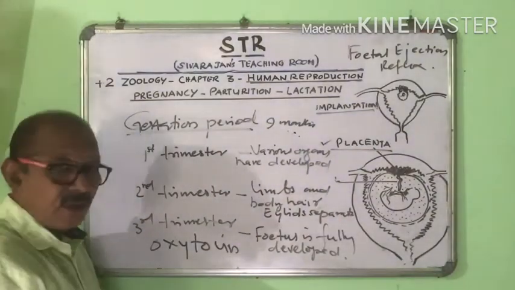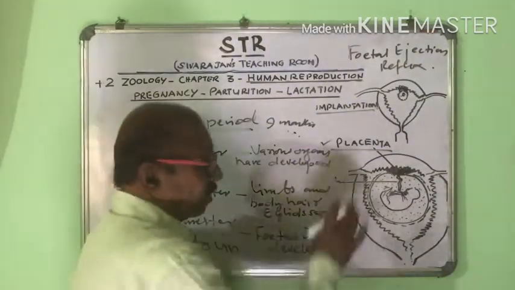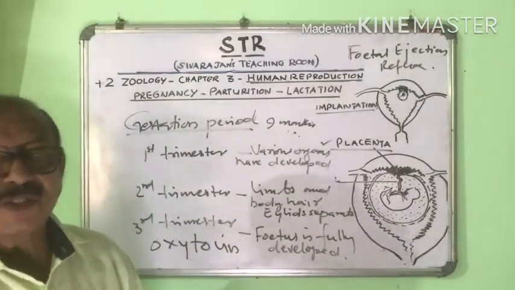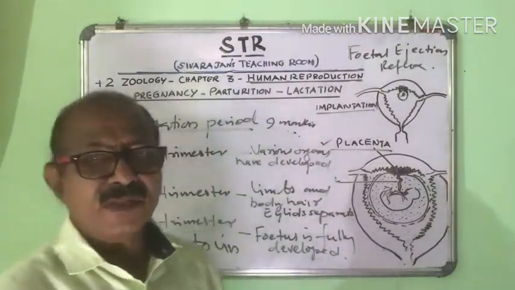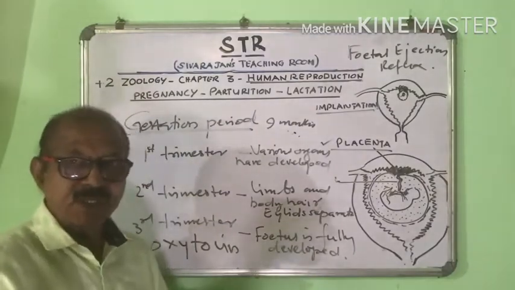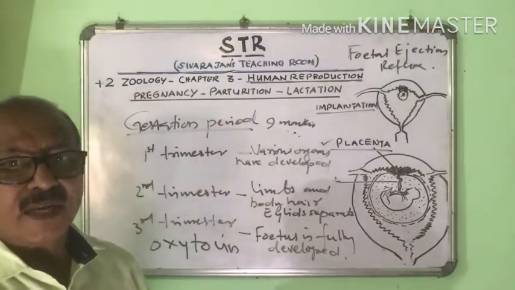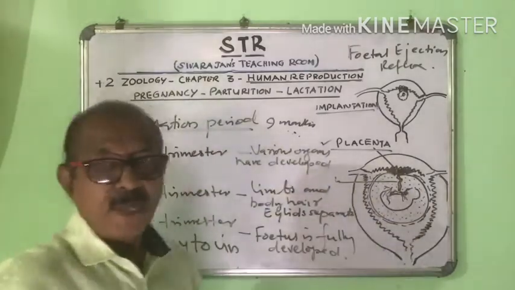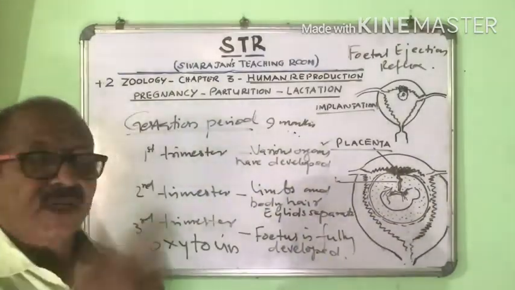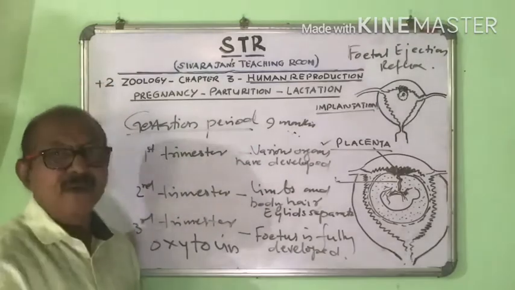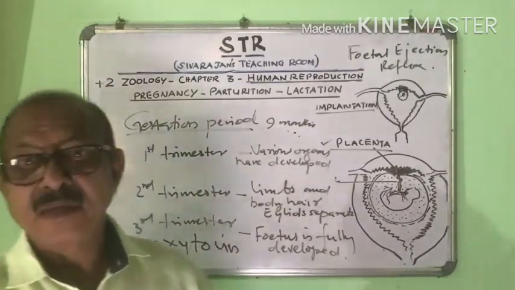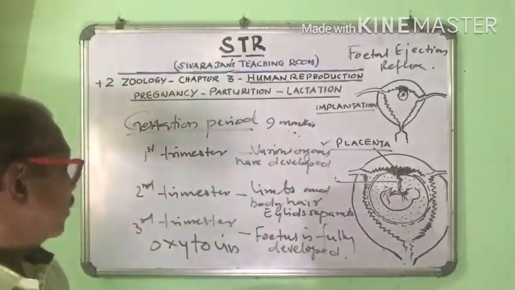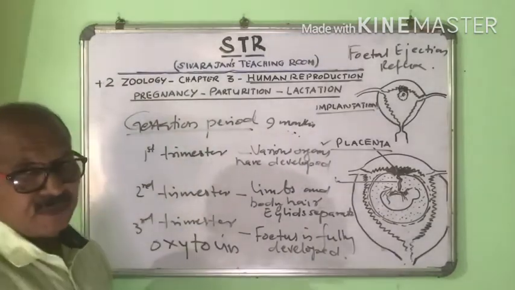When the baby is fully grown, it makes violent movement. This causes stretching of the muscles of the uterus, which generates impulses from the uterus and the placenta, and when these impulses reach the brain, it induces the pituitary to release oxytocin.